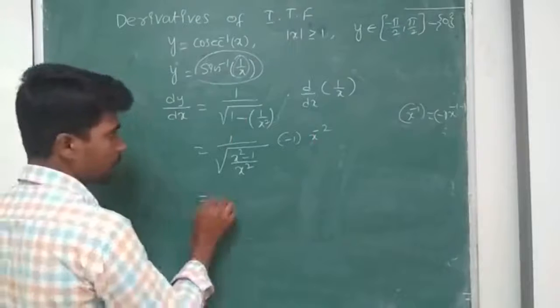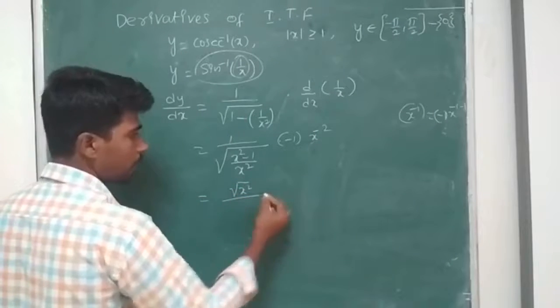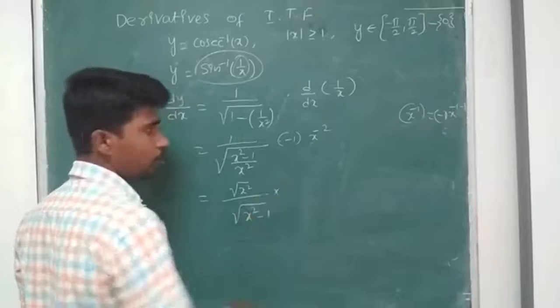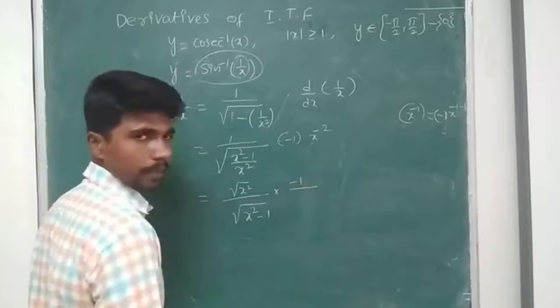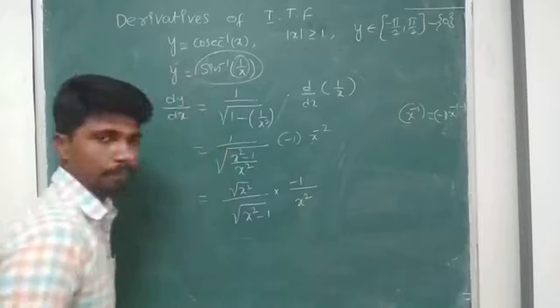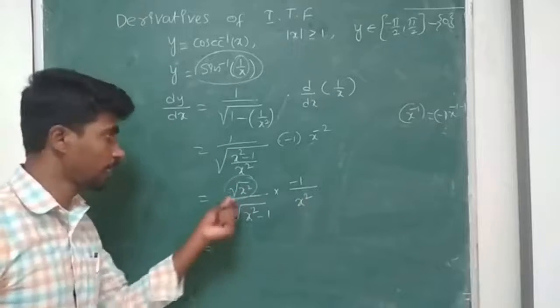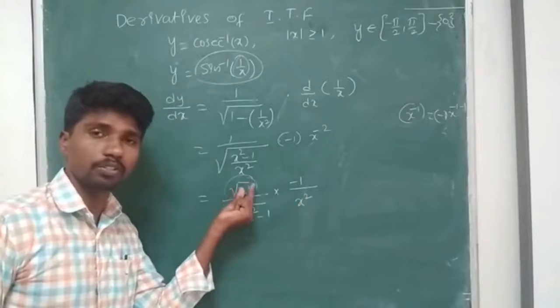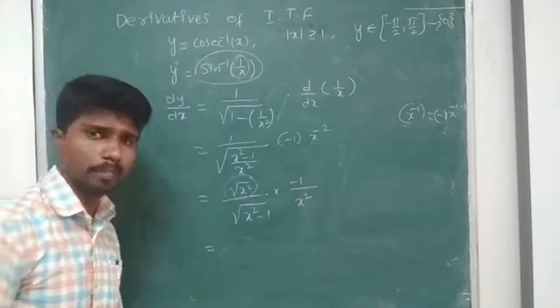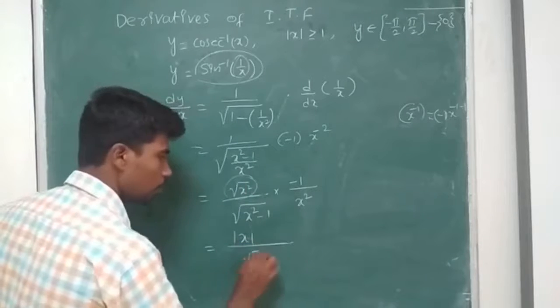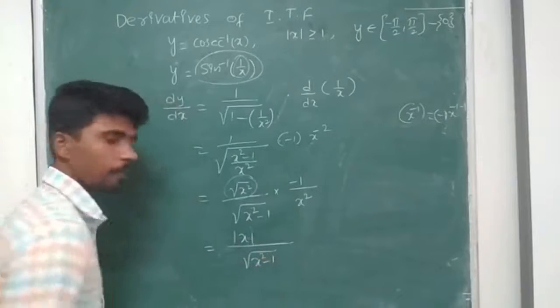So simplify this: root of x square by root of x square minus 1, into minus 1 by x square. Now root of x square can be written as modulus of x. Root of x square is plus or minus x, so plus or minus x can be written as modulus of x by root of x square minus 1.